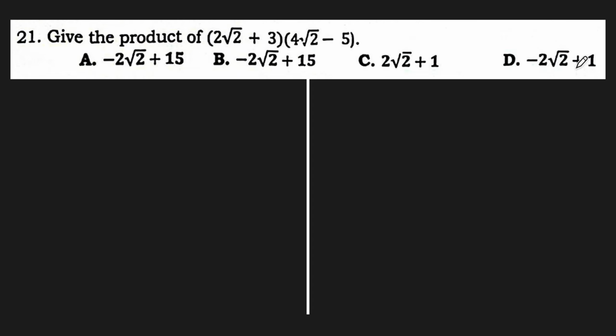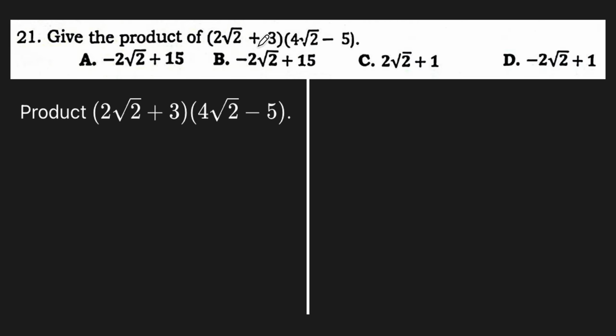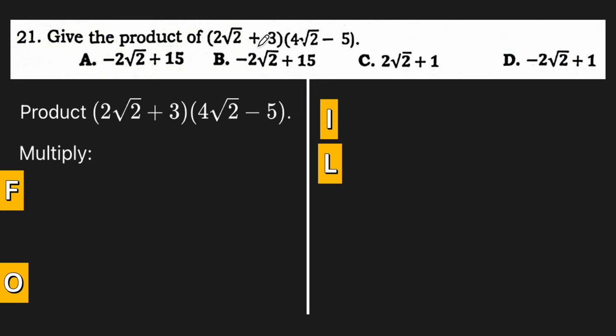Number 21. Give the product of 2 square root of 2 plus 3 times 4 square root of 2 minus 5. Again, we can use the FOIL method here. When we're multiplying binomials, the first term would be 2 square root of 2 times 4 square root of 2.